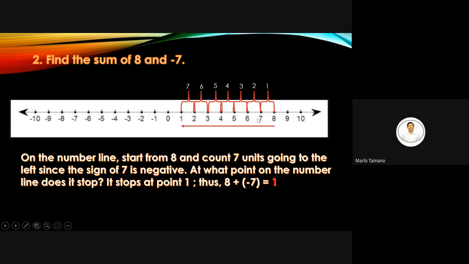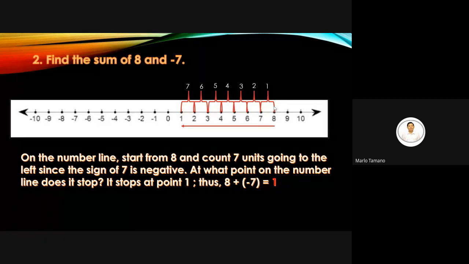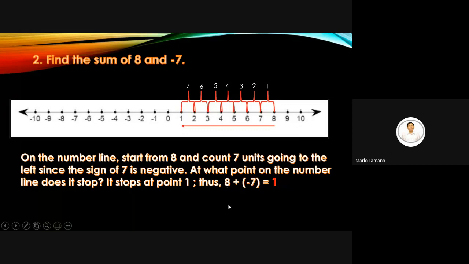So, how does it become 1? The shortcut is 8 minus 7, which is 1. Then follow the sign of the greater absolute value. Why do I say greater absolute value? That is when you get the absolute values. The absolute value of 8 is 8.